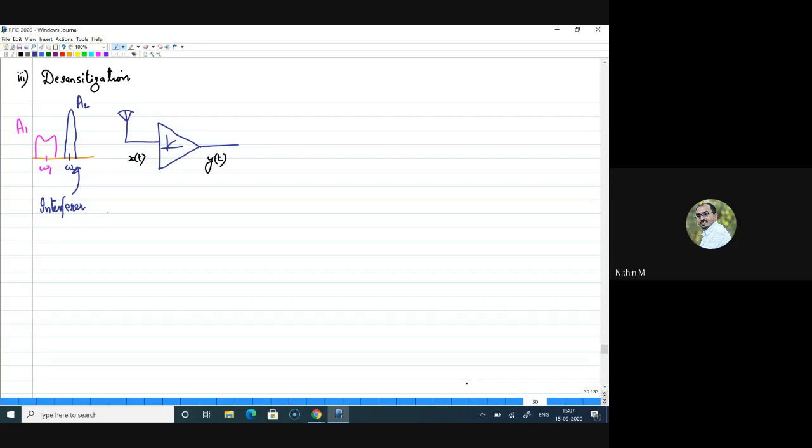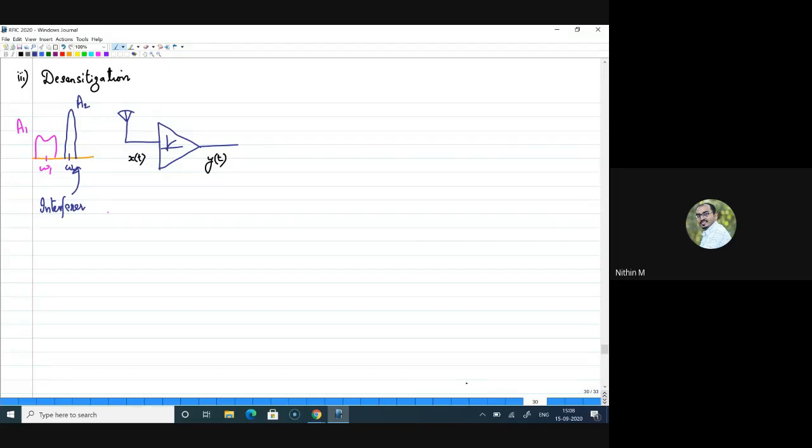So what I'm considering now is a nonlinear system, and at its input, along with the desired signal, the system is accepting an interference signal also, at a slightly different frequency omega 2 with an amplitude of A2.